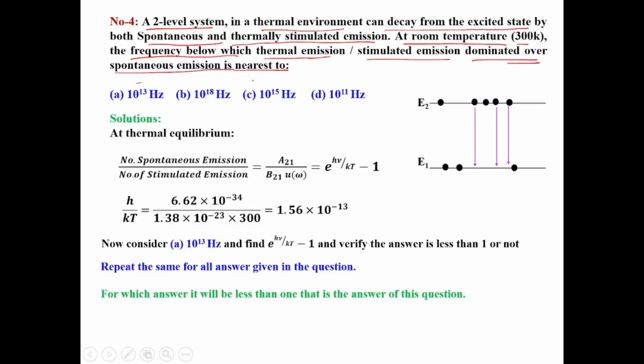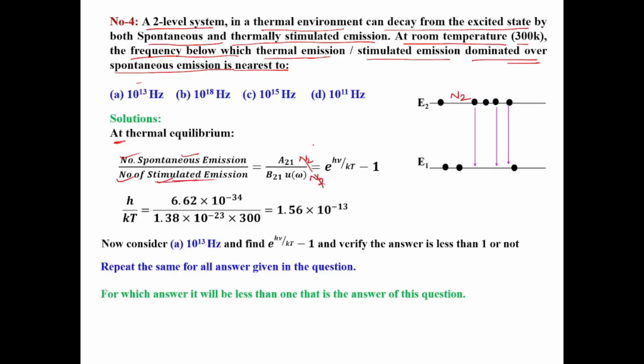Okay, so here at thermal equilibrium, if I write the number of spontaneous emissions by the number of stimulated emissions, or the rate of spontaneous emission by the rate of stimulated emission, then what do I have to write? See here, the transition happens from the upper level to the lower level, so it will be A21 into N2, and for the rate of stimulated emission we have to write B21 U mu into N2.